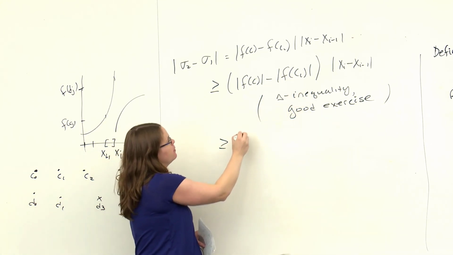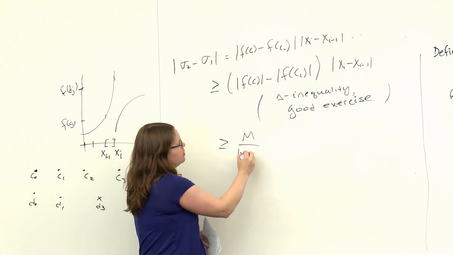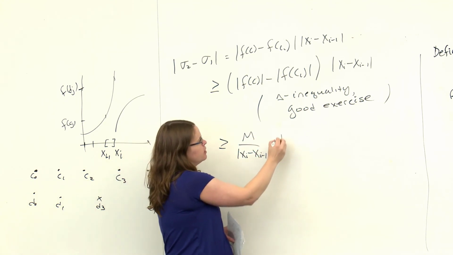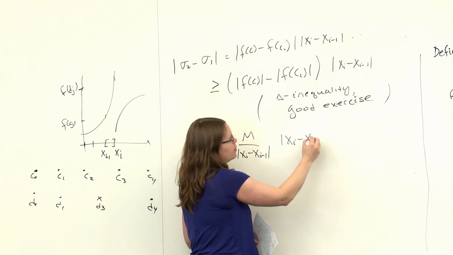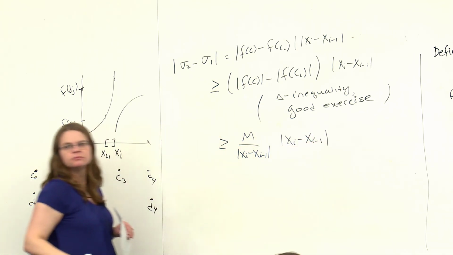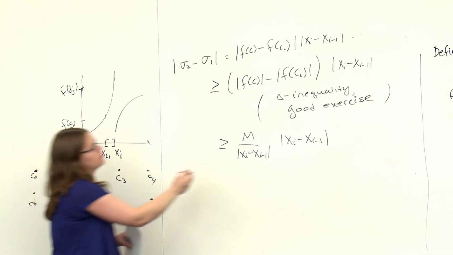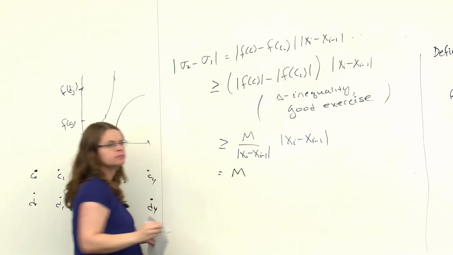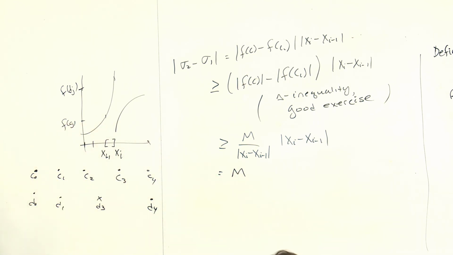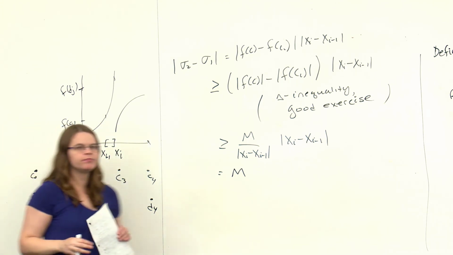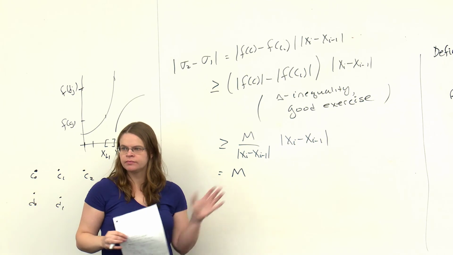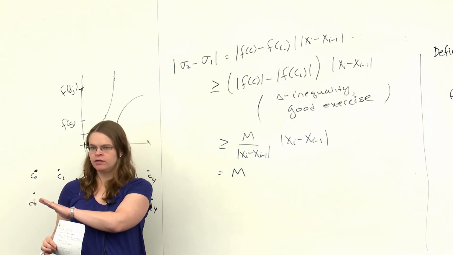This is bigger than m over xi minus xi minus 1 times xi minus xi minus 1. Which is m. Any questions on this so far?